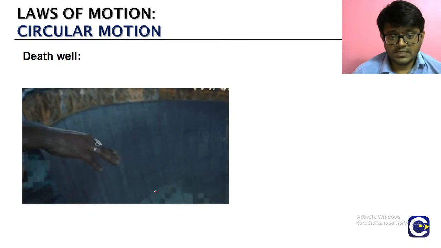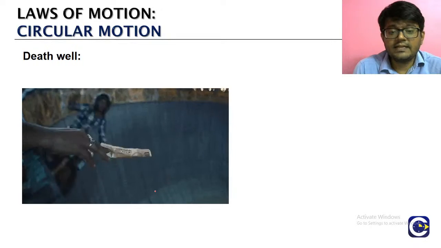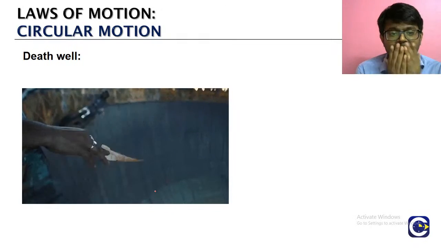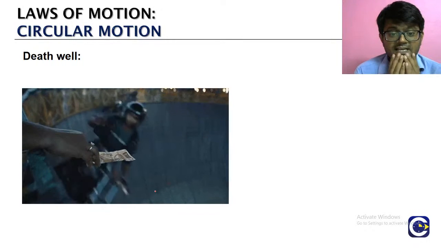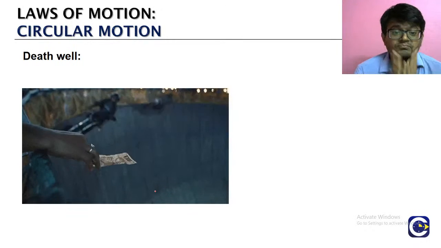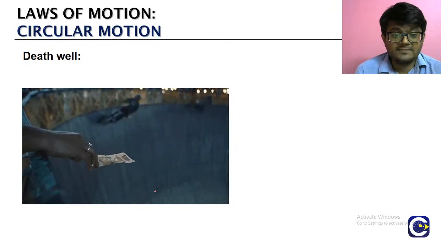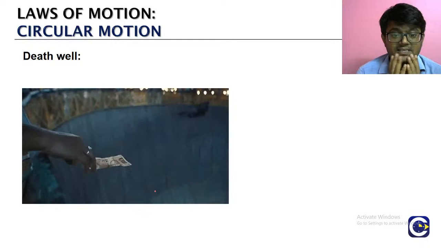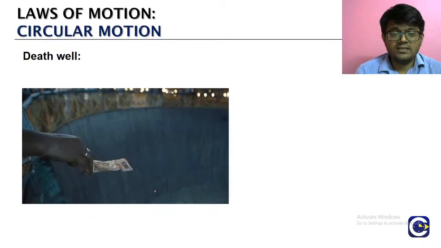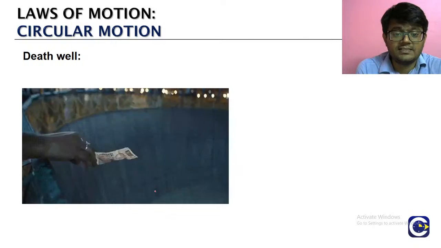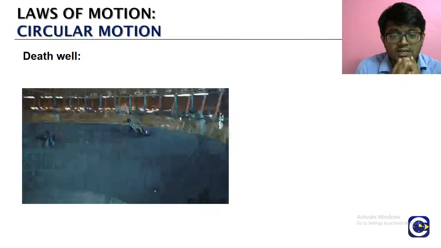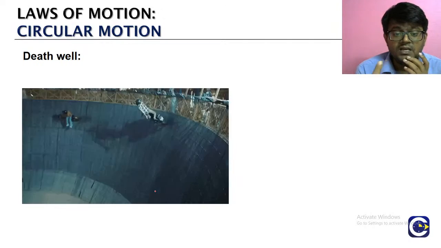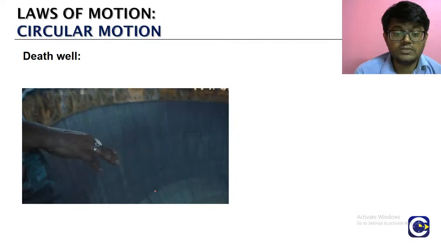Then the other very interesting example of circular motion is the death well. I'm not sure if you happen to go to the circus, which comes if you happen to be in Chennai, near Chennai Central, sometimes they keep this circus. In the circus, one of the very popular things is this death well. You'll see the guys go in the death well on a bike, or sometimes even a car.